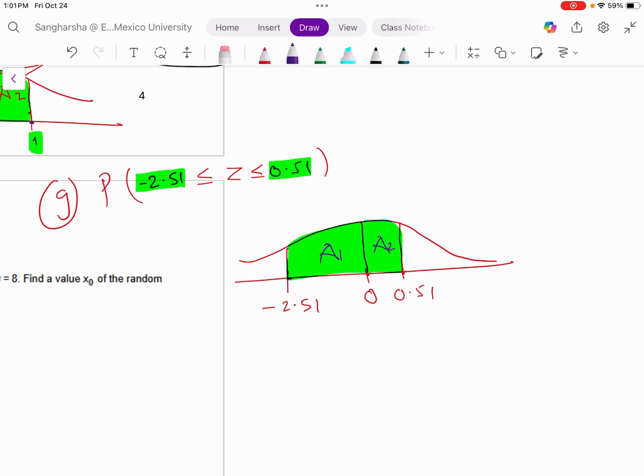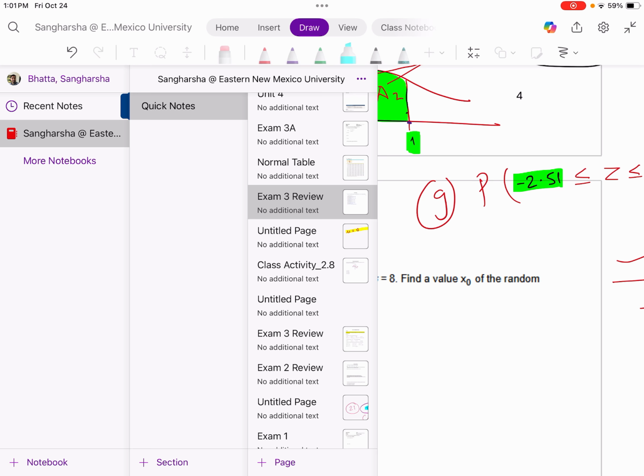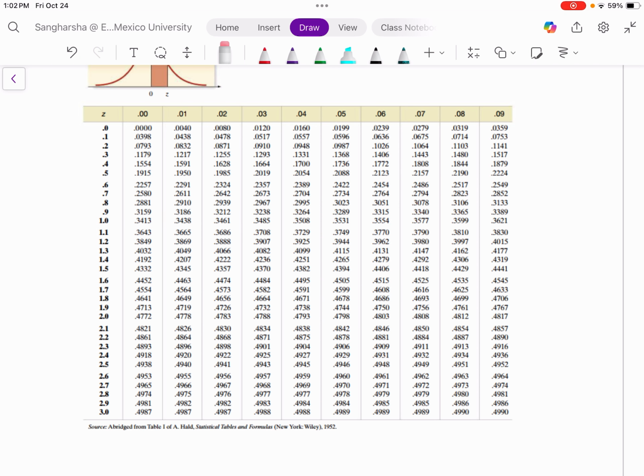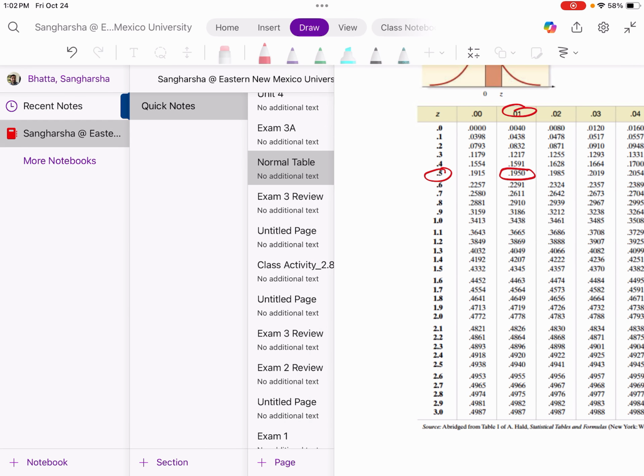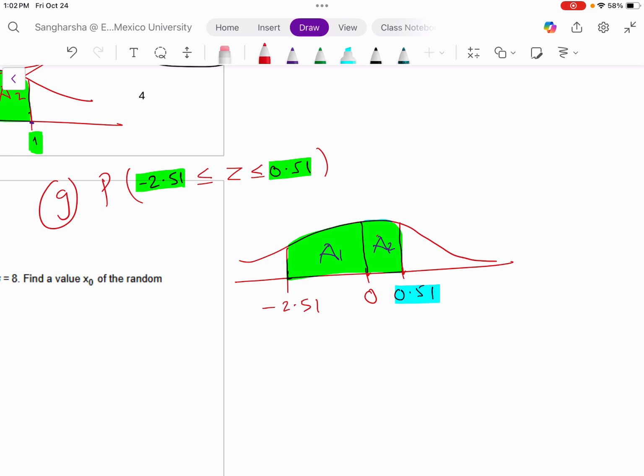Now we use the G table for area A1 and area A2. For area A2, we look for 0.51 in our G table. 0.5 is here, 1 is here, so 0.1950.